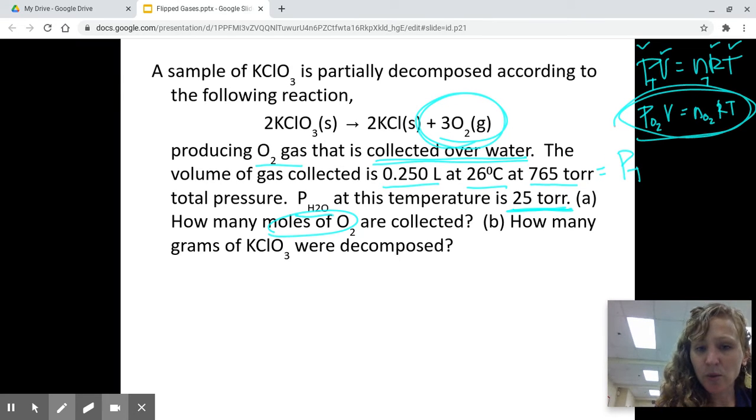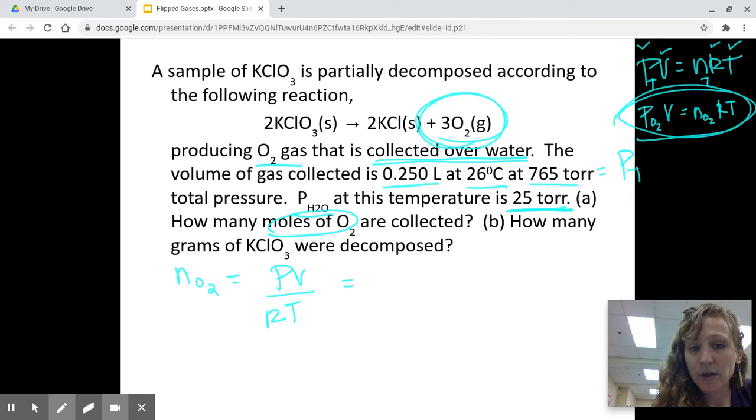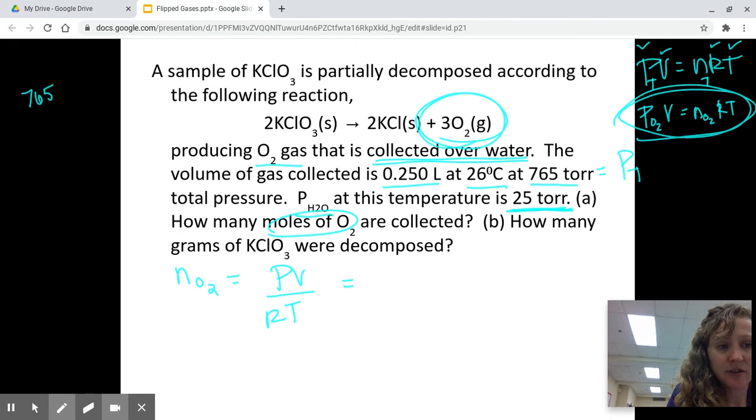All right, so we want moles of O2. We're going to take PV over RT, solve for moles of O2, and we want to be careful we're using the pressure of oxygen. So that's 765 torr. Pressure total equals pressure of oxygen plus pressure of water.